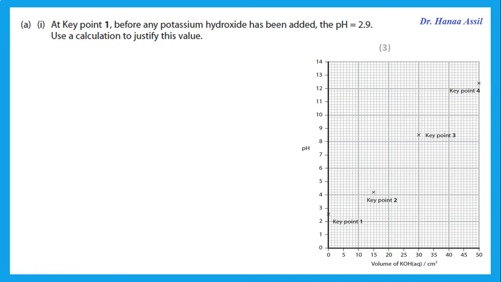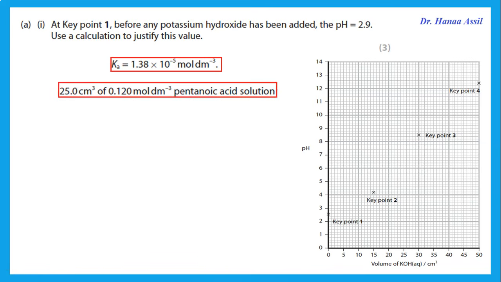Looking at the information in the question, I have this Ka value, and we use 25 cm³ of 0.12 mol/dm³ pentanoic acid. This is a weak acid, of course, and to get the concentration of H+ ions for a weak acid, the equation is the square root of Ka times concentration.